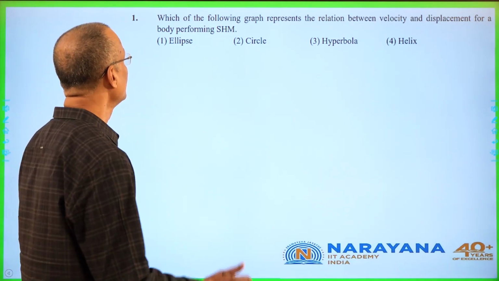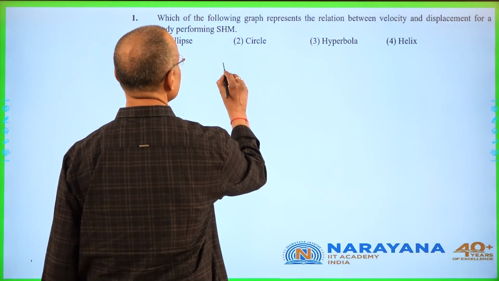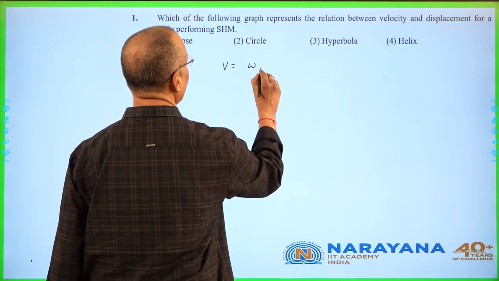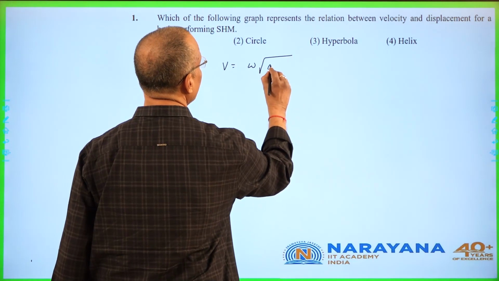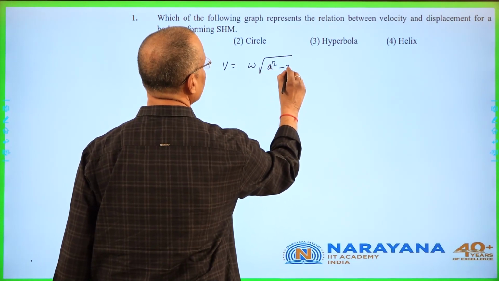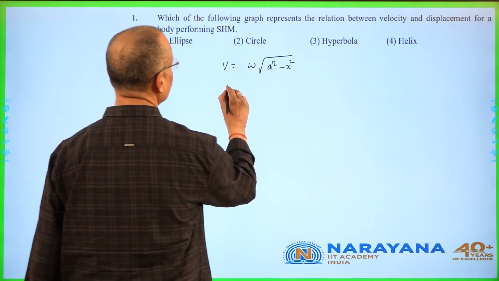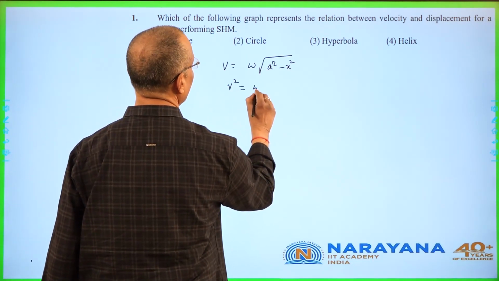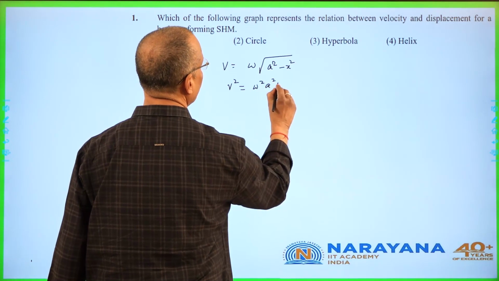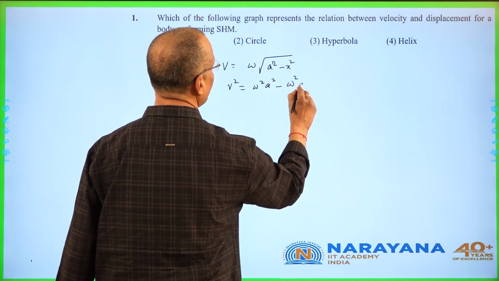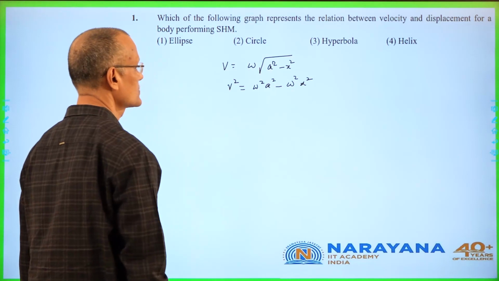So you know the velocity expression in SHM, it is omega under root a squared minus x squared. Right? Now square it: v squared equals omega squared a squared minus omega squared x squared.